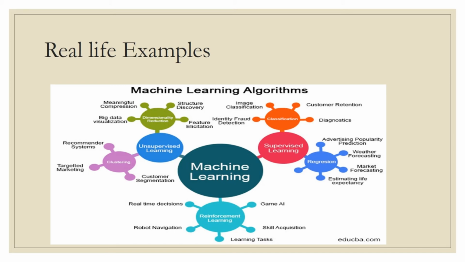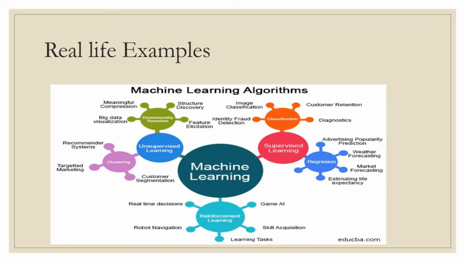Next, let's move on to supervised learning. Here we have two important algorithms, classification and regression. In classification, we classify the data either as true or false, 0 or 1, or in separate groups. Now the real life applications for these models are customer retention, whether the customer will stick or will fly away. In diagnostics, for example, whether one has got a malignant tumor.